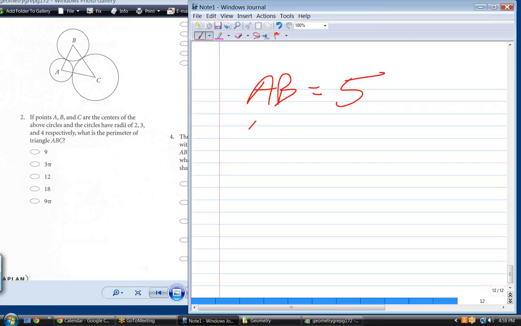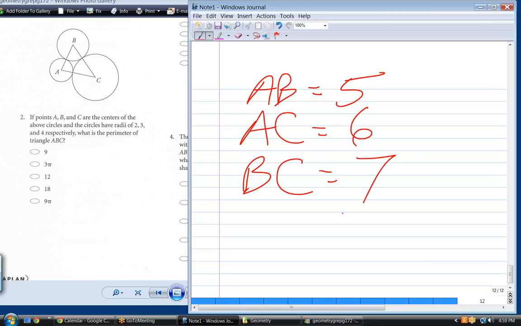What's AC equal to? 6. And what's BC equal to? 7. What's the perimeter of that triangle? 12 and 6. 18. Right.